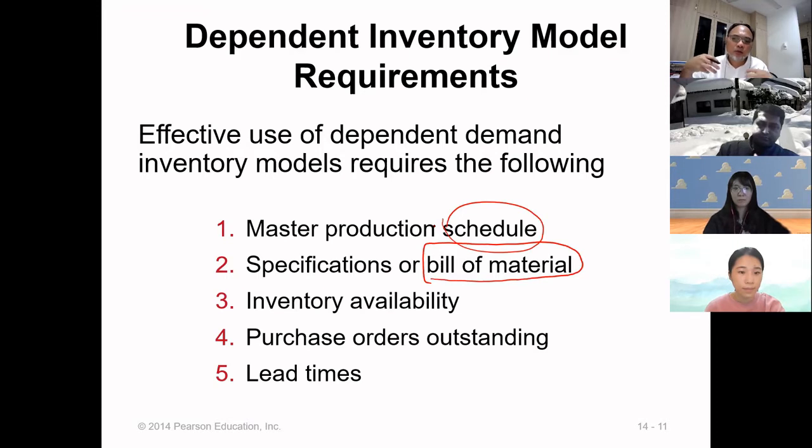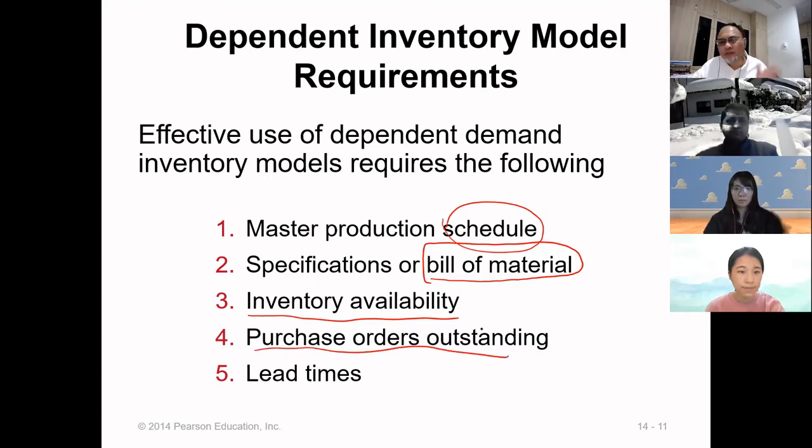Then we use our bill of material to determine how many we actually require to build up the product. Then you have to check inventory availability, as well as purchase orders outstanding. If some components have already been ordered but not received, we have to put them into the planning.